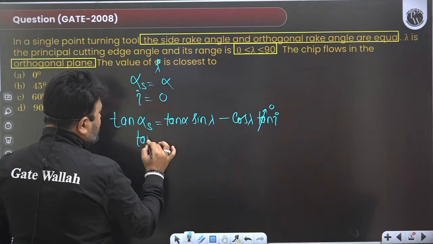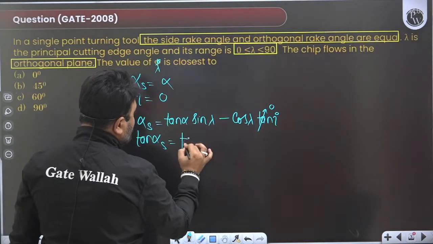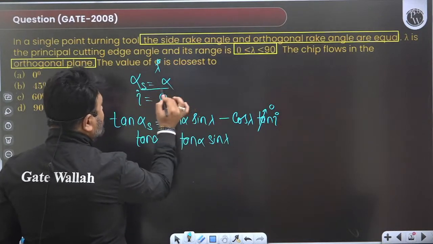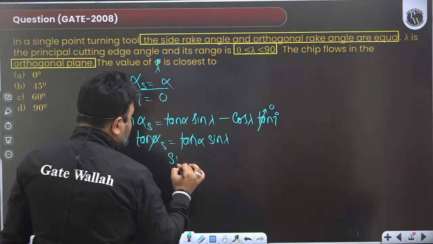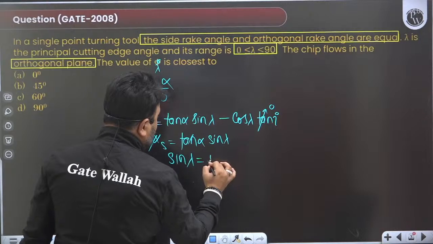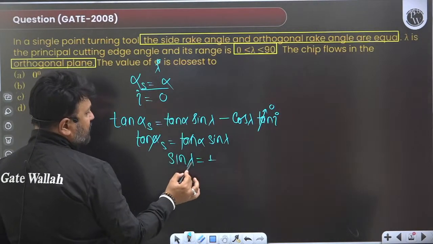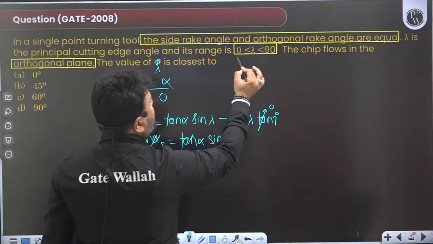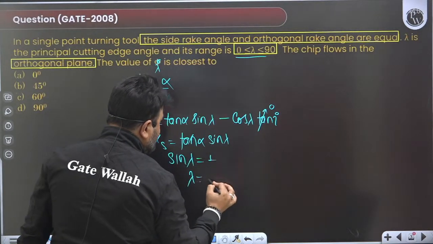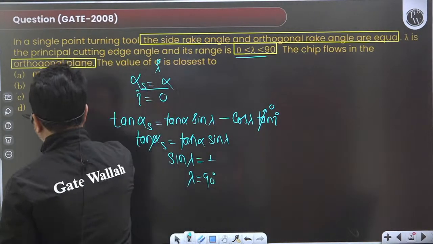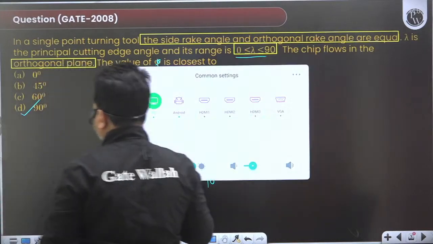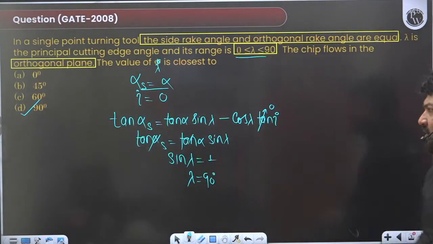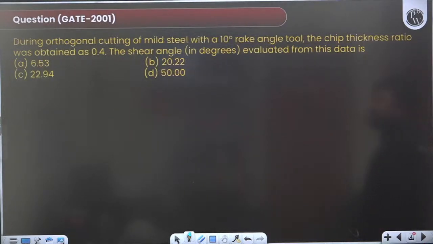Tan of alpha s equals tan alpha sin lambda. Alpha is equal to alpha, so this will cancel out. Now sin lambda equals 1. According to the range, lambda should be 90 degree. So the answer is option D. Now the next question.